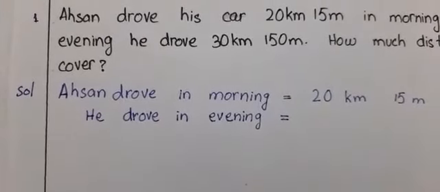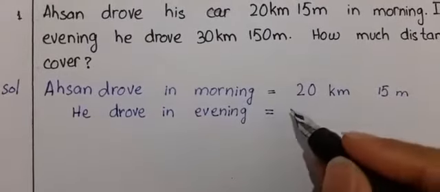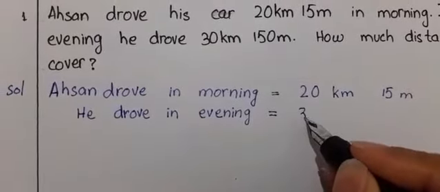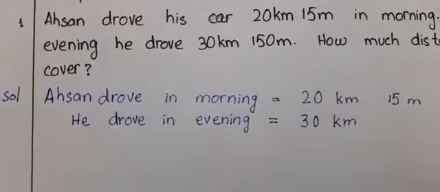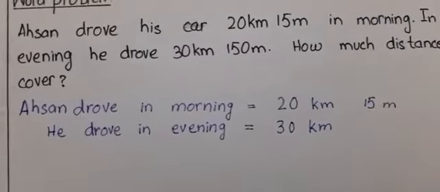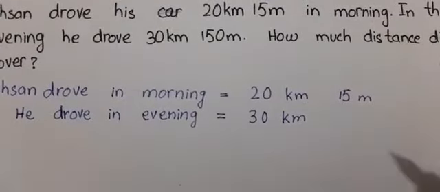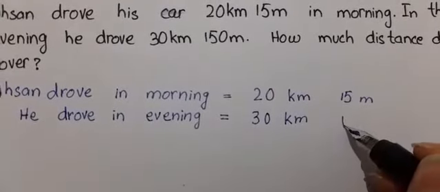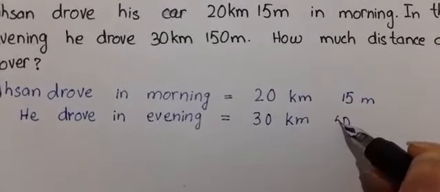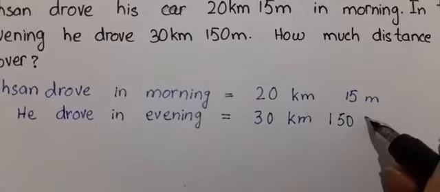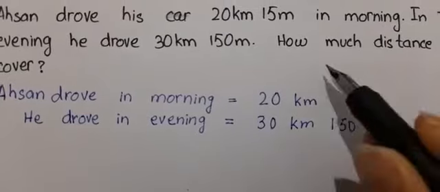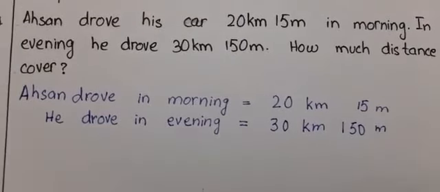So boys, we will write over here 30 and kilometer under kilometer. Okay. Now you can see boys, it is 150 and it is 15. Okay. So 150. We will write 0 under 5, 5 under 1 and 1 over here. There is no third digit. And meters.